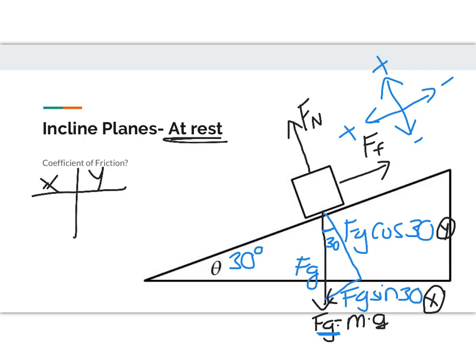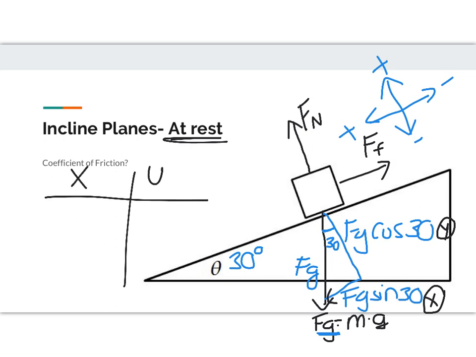I'm going to need a little bit more room, so let me rewrite this. So I'm going to have, there we go, in the x, in the positive direction, because of how I did my forces, I'm going to have mg sine 30.